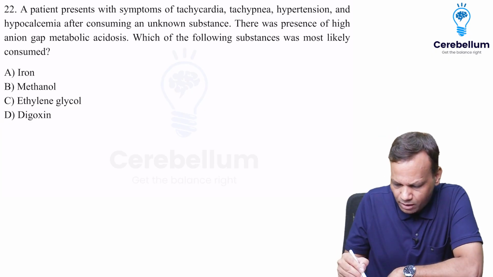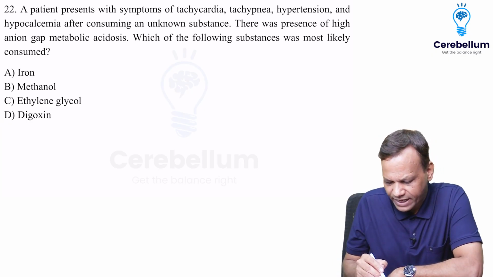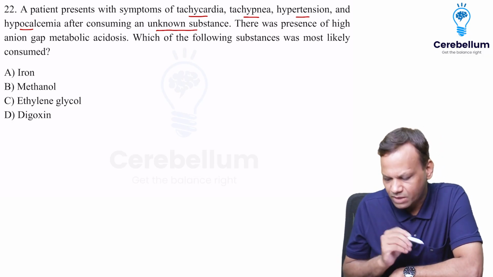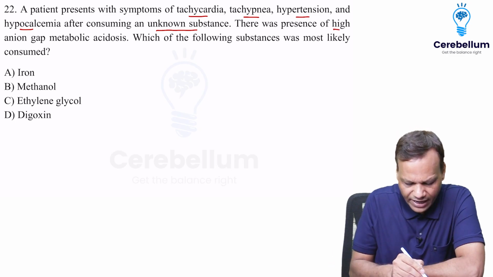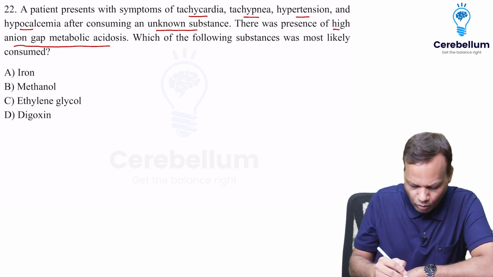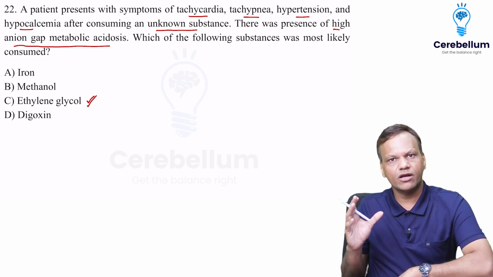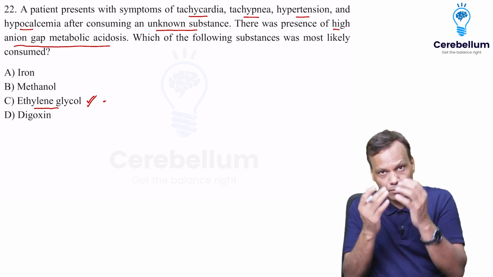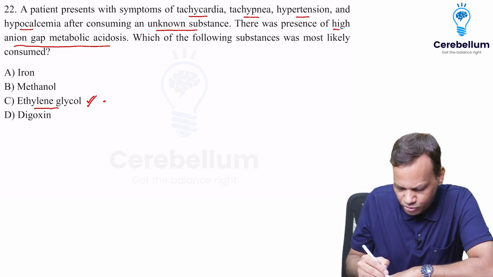Next question: a patient presents with symptoms of tachycardia, tachypnea, hypertension and hypocalcemia after consuming an unknown substance. There is presence of high anion gap metabolic acidosis. So this is typical of ethylene glycol poisoning. So what is typical of ethylene glycol poisoning? Number one, I will tell you the mechanism.